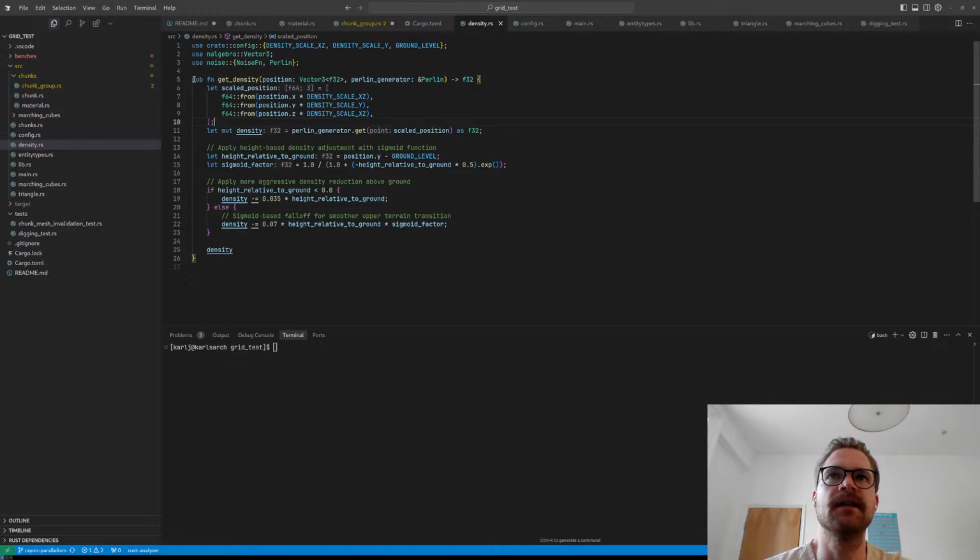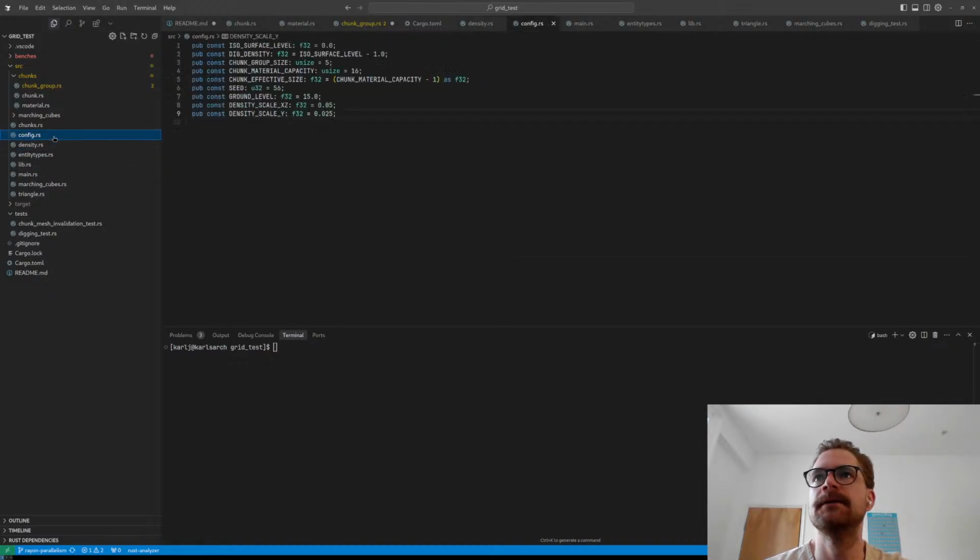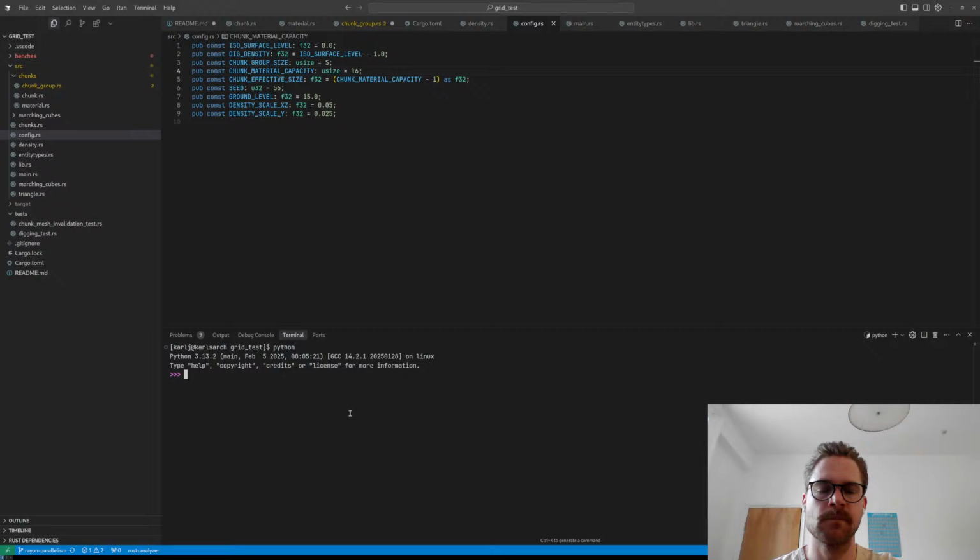Because this is getting executed, I don't know how many times, but I think it's for every group. So it's 5 by 5 groups and then 16 by 16 materials. So how much is that? 5 times 5.